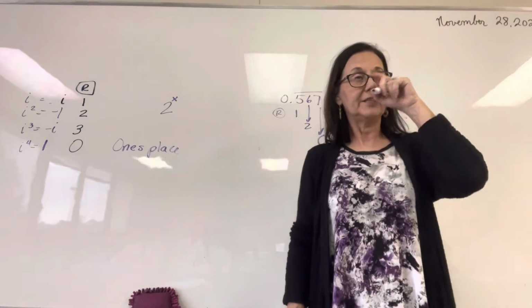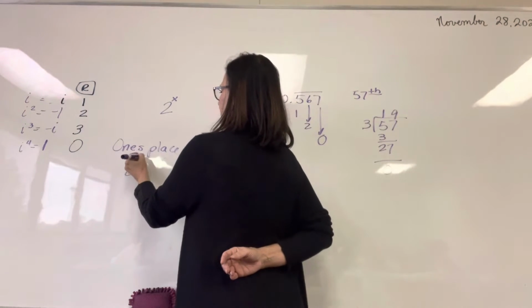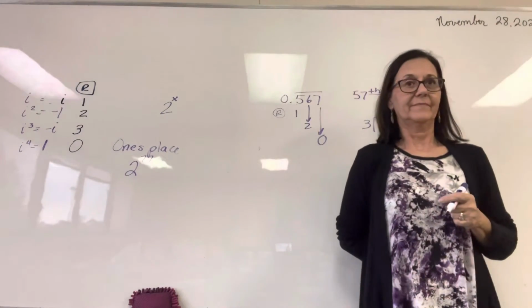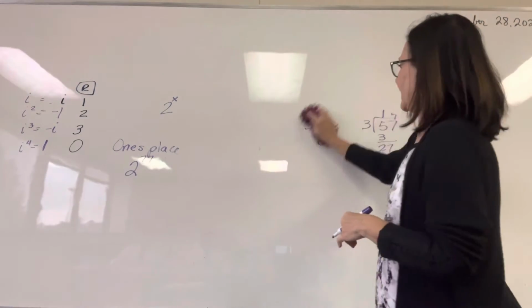What is the digit in the ones place for 2 to the 77th? Your calculator's not going to do that. But we can do it.